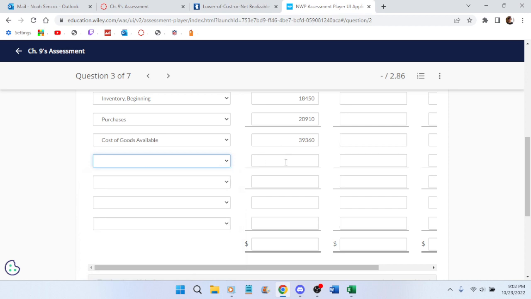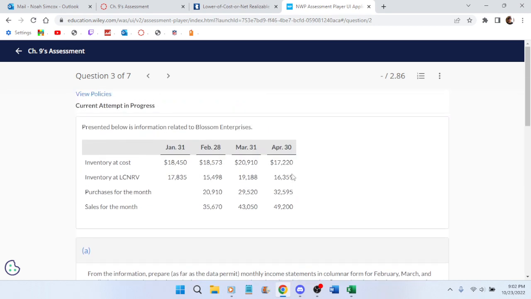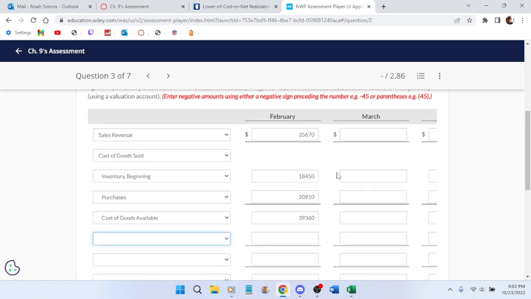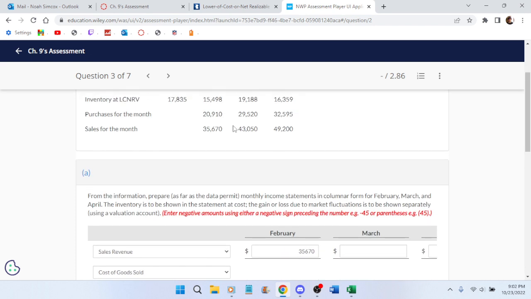So is the gross profit at the bottom? I mean, I'm assuming that's sales revenue right there, right?